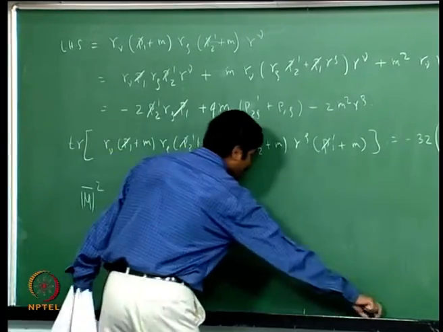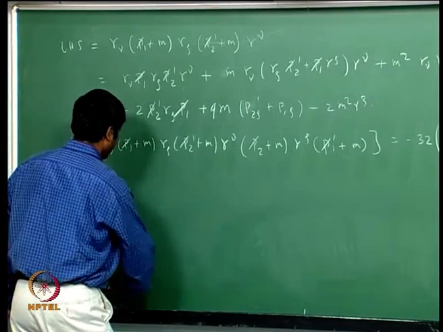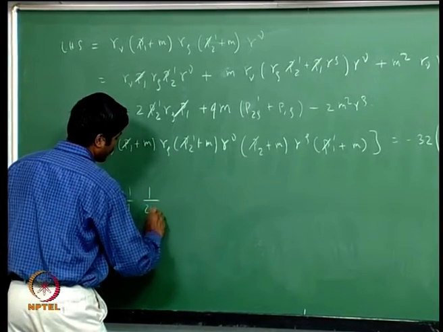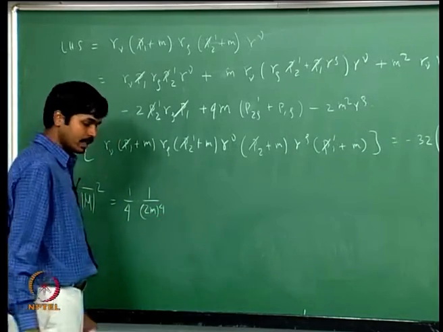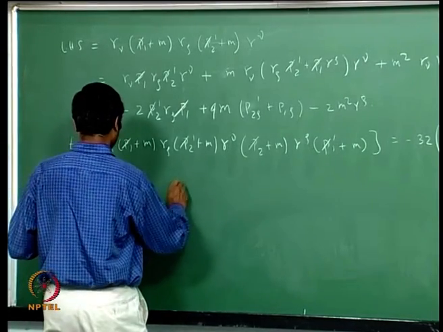So, that will give me 1 over 2m to the power 4th, and finally we had this trace.